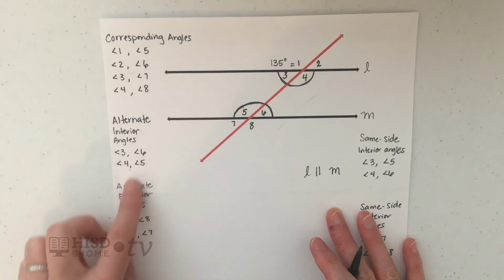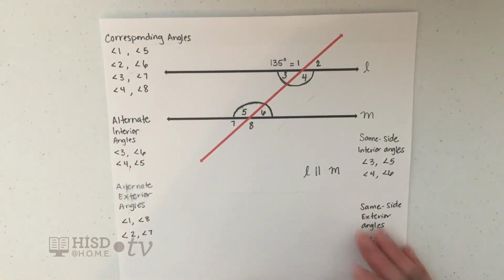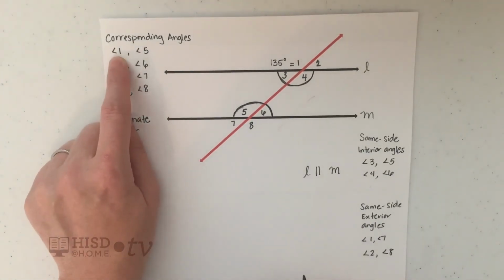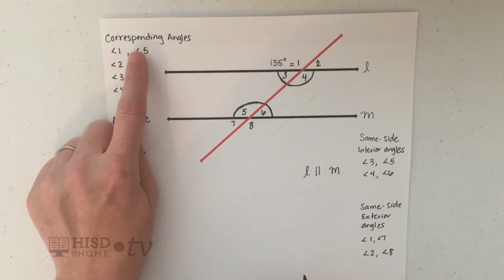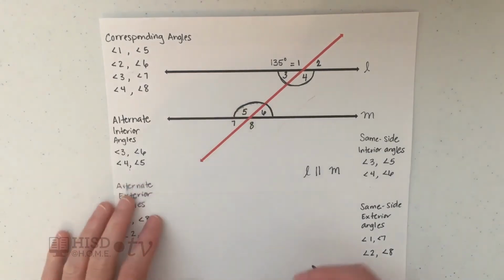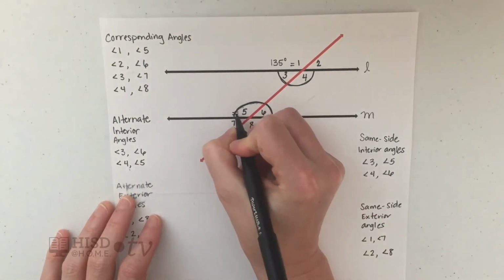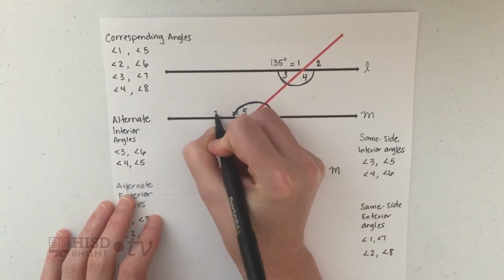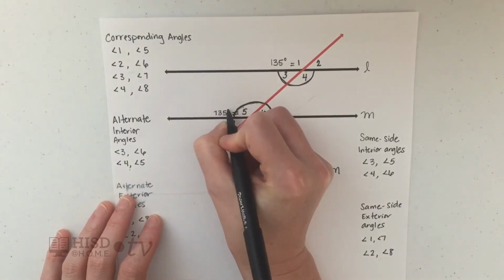Now, using our angle relationships, let's see if we can figure out the value of the other angles. So let's start with our corresponding angles. We know that angle 1 corresponds to angle 5, which means they are the same. So now I know that angle 5 also equals 135 degrees.